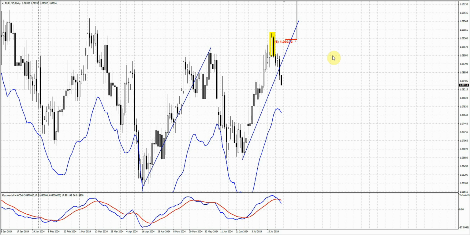Speaking about the euro currency, you could see that the general trading plan that we have discussed, the downward continuation based on engulfing, works nicely. The market has completed its minimum target.